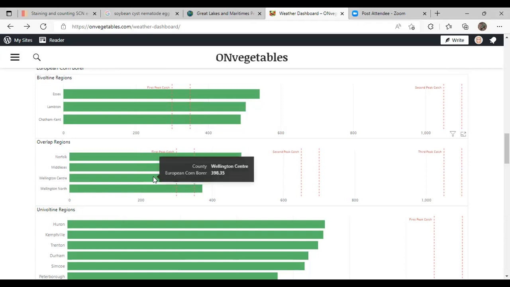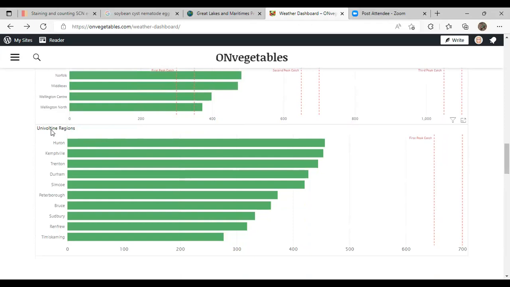Those are the areas that are going to be at high risk of corn borer infestation at that time period last year. Whereas if I look at the univoltine regions, they had not yet reached their first peak catch. And so very low risk of corn borer infestation in those areas there.